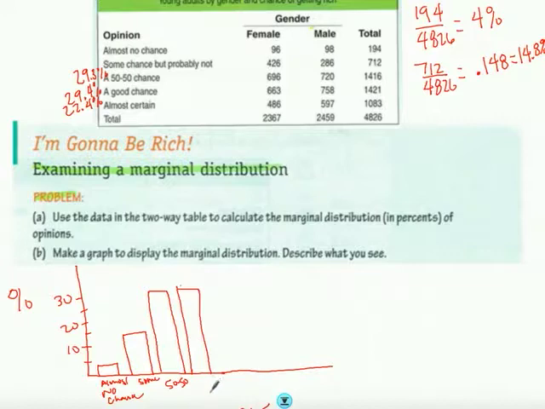That one's a little sad. This is a good chance. And then almost certain, 22.4. So a little bit above 20, not quite 25.